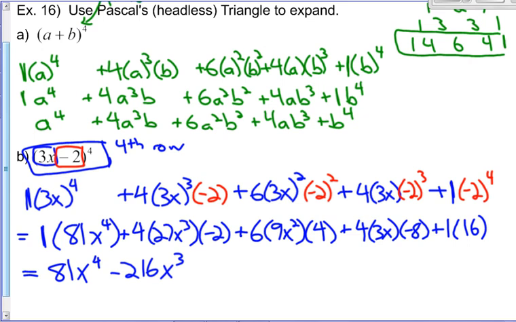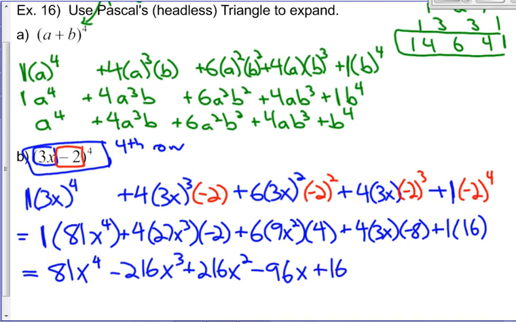The next one will have 9 times 6, that's 54, times 4, so that is another 216. This time it's positive. The next one, 4 times 3 times negative 8, so that's 12 times negative 8, or negative 96x. And finally, 1 times 16 is just 16.